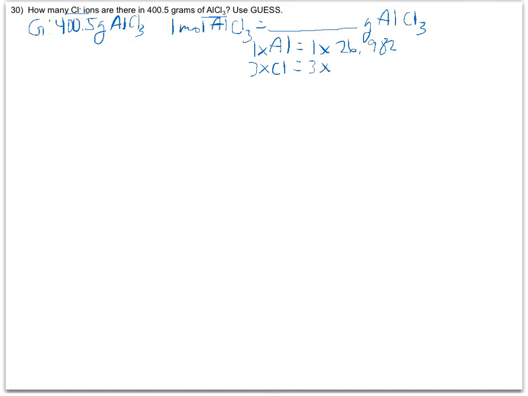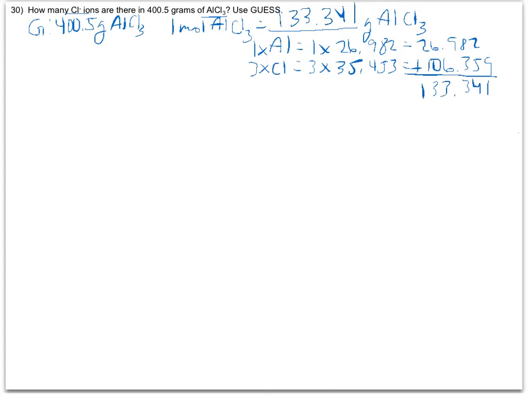The mass of chlorine is 35.453, so 3 times that is 106.359. Adding those two together, you get 133.341.